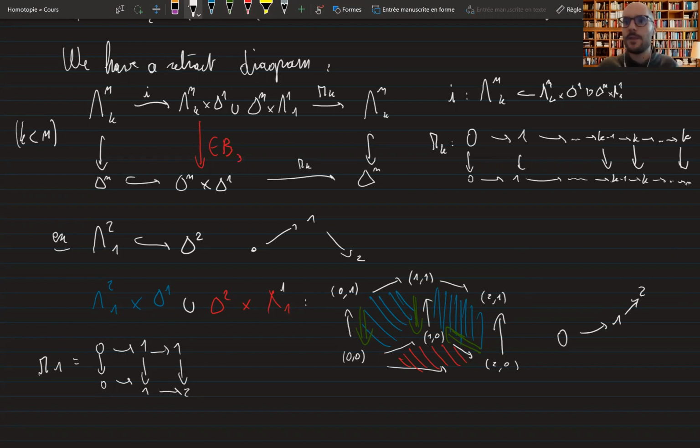Okay, so I realize this is going a bit fast because there is a lot of combinatorics involved, but really this is not that bad. If you just sit down 10 minutes and you write down the details, you can see that this intuitive picture is represented by this map here.